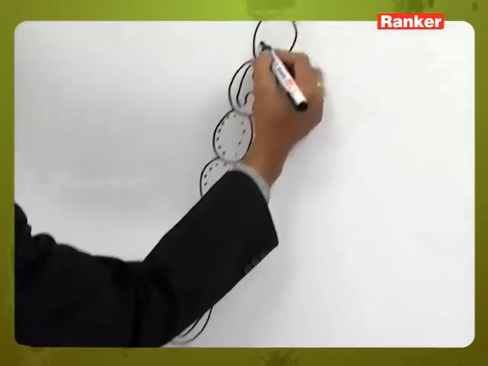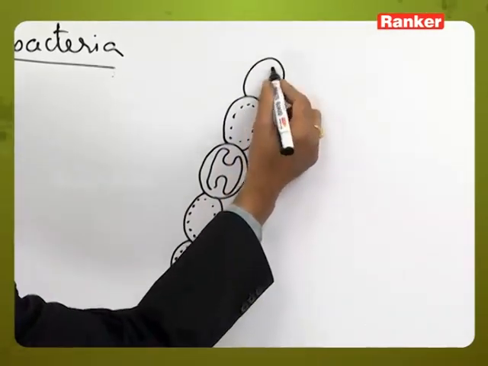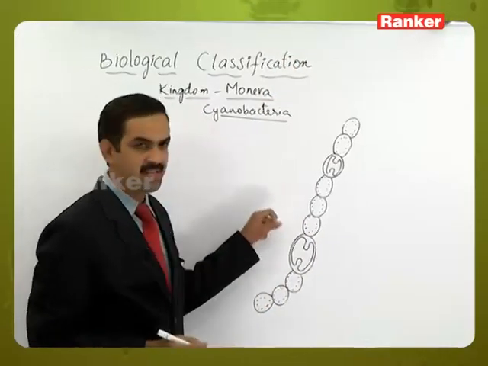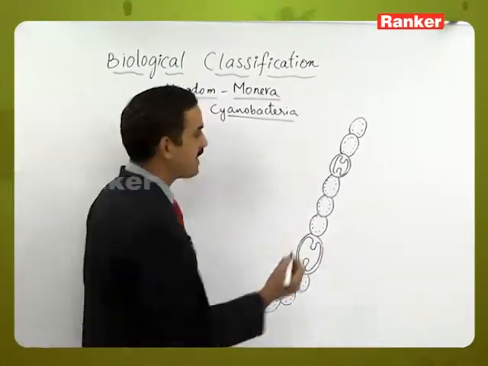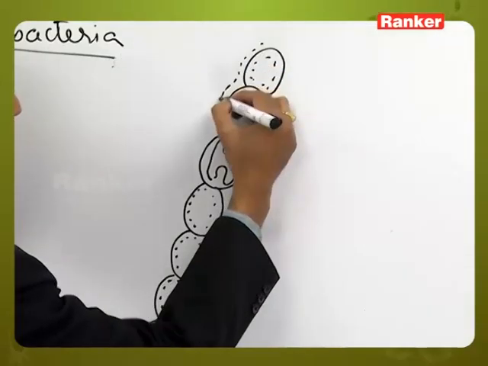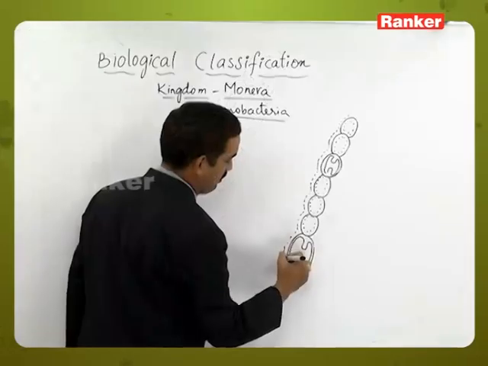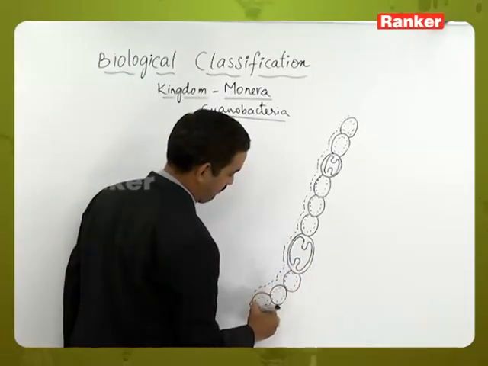It is an example of a multicellular and filamentous structure. Here, surrounding this filamentous structure, I haven't drawn the mucilage, so now we call it a trichome. But once we draw this mucilaginous sheath around it, it is a normal filamentous structure.